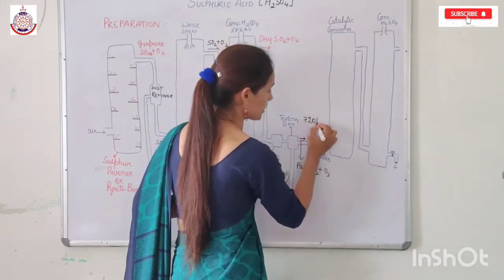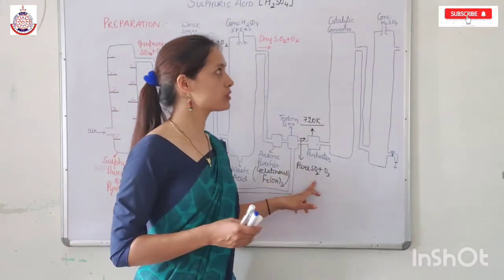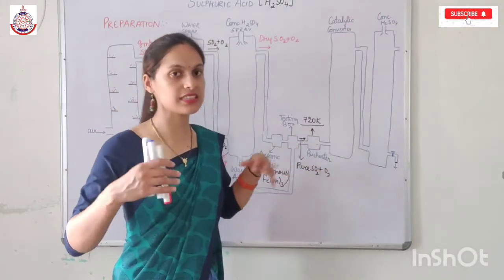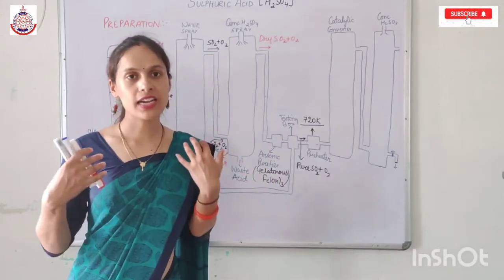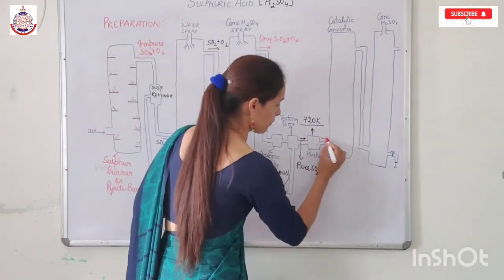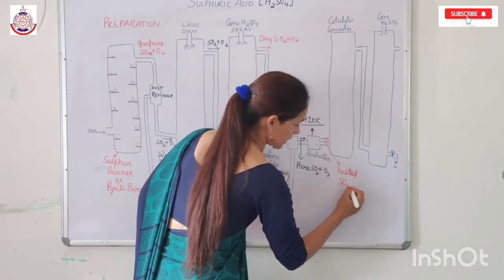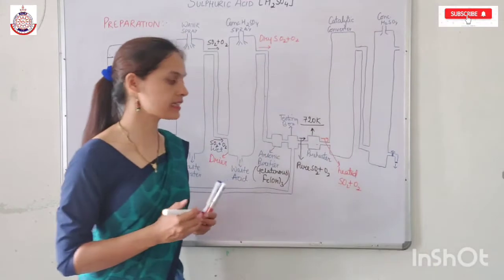In the preheater the temperature is 720 Kelvin, and the sulfur dioxide and oxygen get heated. So from here we get heated sulfur dioxide and oxygen.